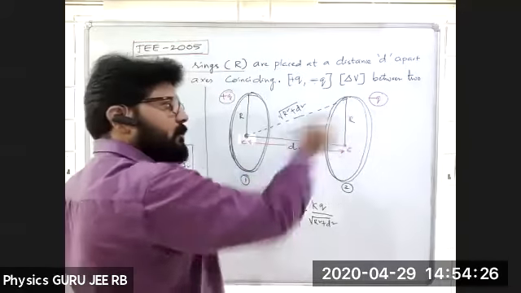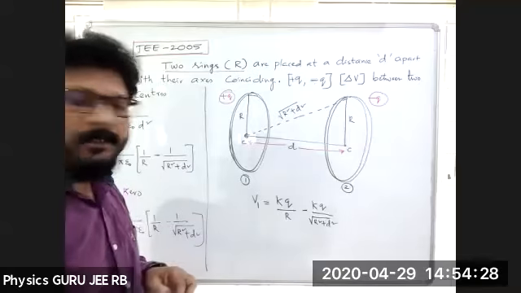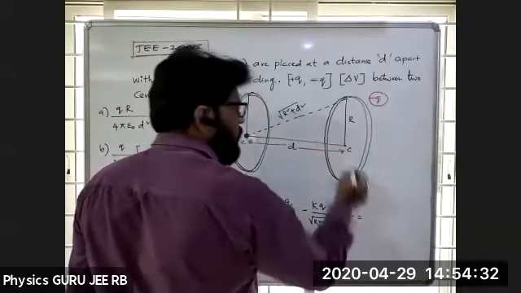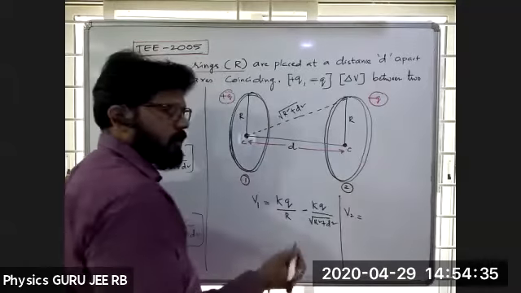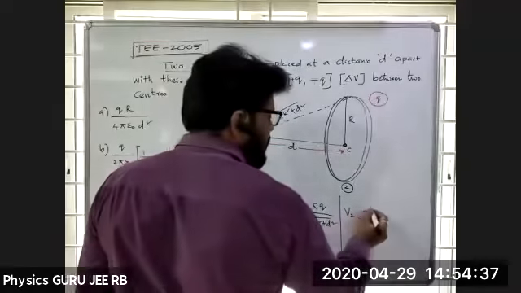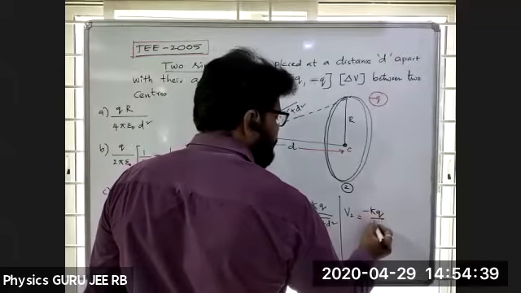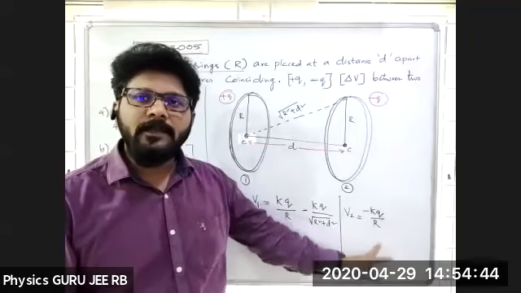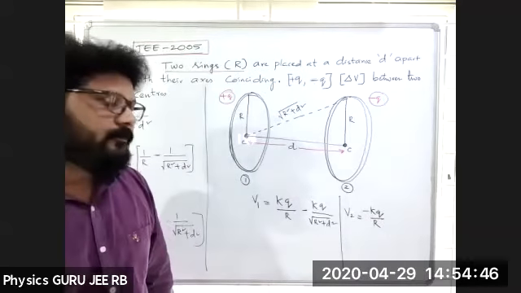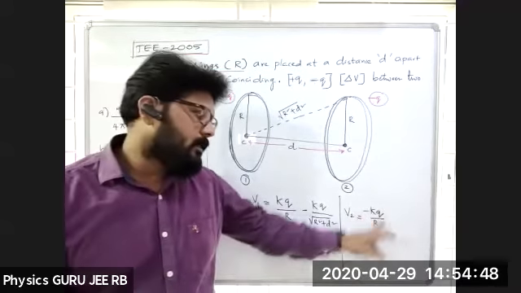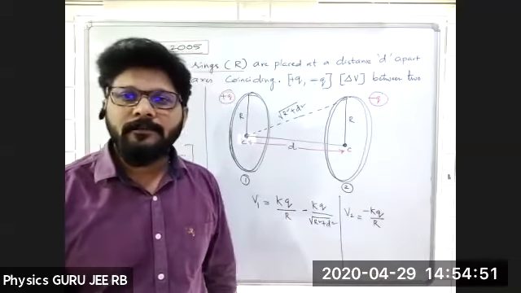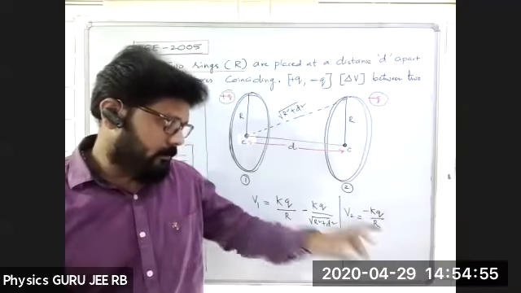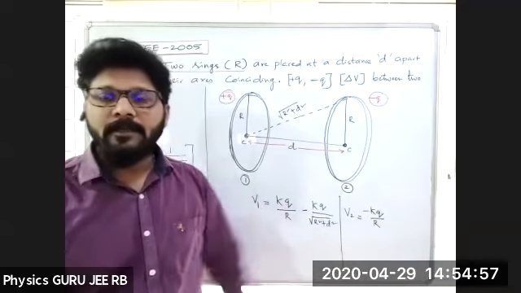Now, similarly, V2 at this center is equal to minus KQ divided by R, where R is the radius.